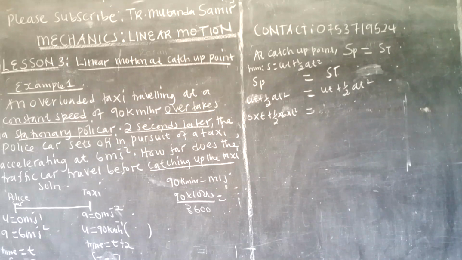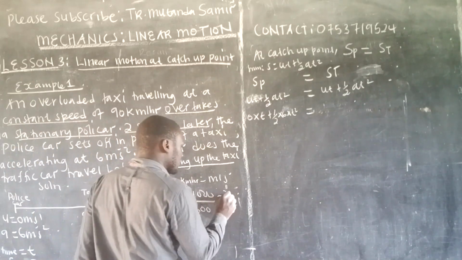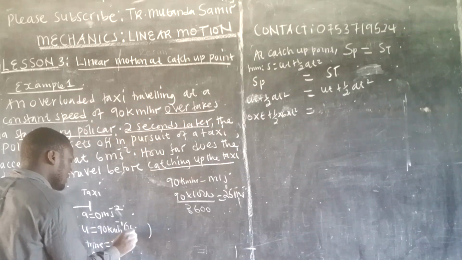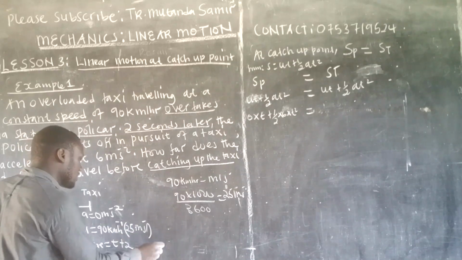All right, after converting, when you press your calculator, this will give us 25, I think. So it will give us 25 meters per second. Please, I told you, if the units are in kilometers per hour, always convert to meters per second.